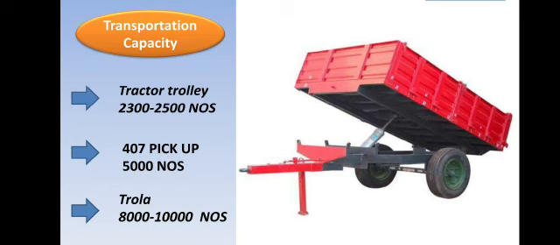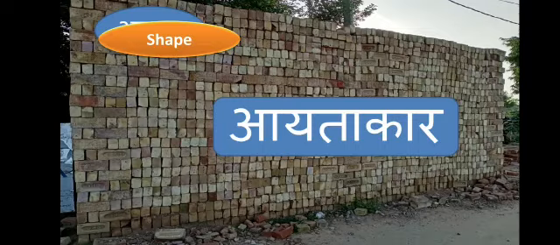Next is the trolla one, which has the capacity of 8,000 to 10,000 bricks. Now, these were some important points while unloading the bricks at site. Now let us move on to the calculation of bricks.